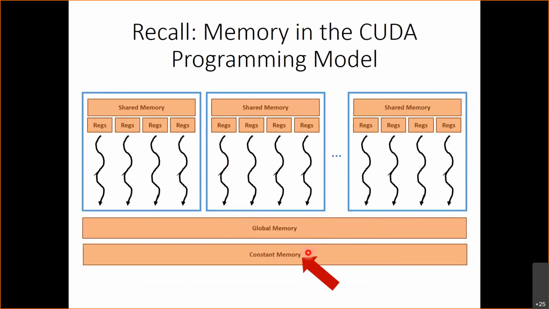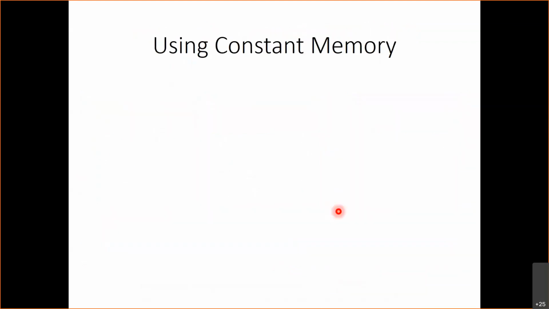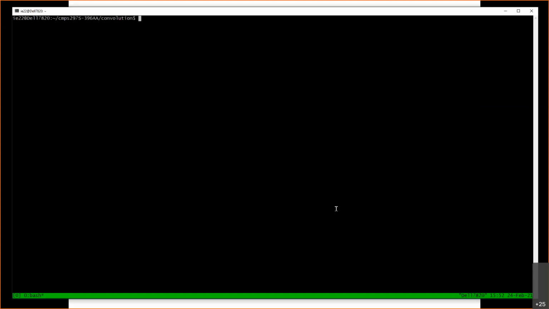So what we want to do is we would like to put our mask in constant memory, and constant memory is going to be faster to access than global memory, and I'll explain why later on. But for now, let's see how we can access constant memory using the CUDA programming model. Okay, so let's see how we can use constant memory. Okay, so I'm going to switch over here to my code. Make this a little bigger.